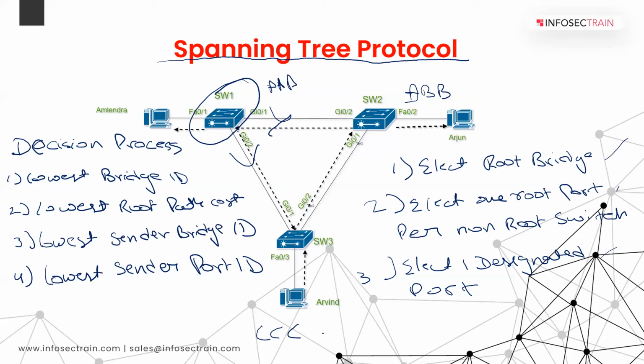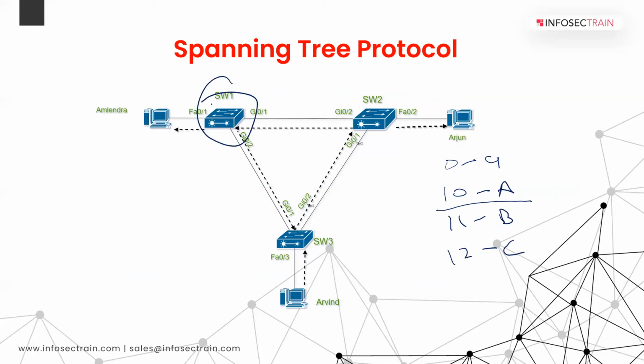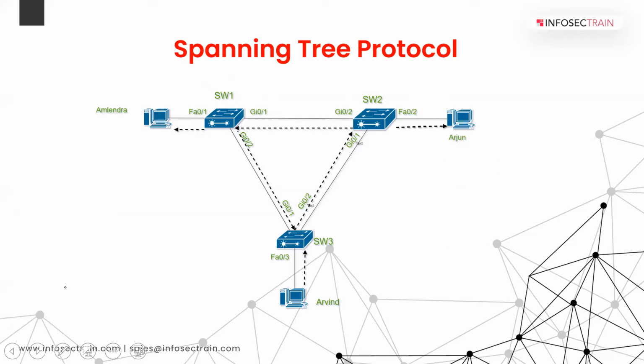So switch 1 has the lowest MAC address, which is AAAA. And how it is lowest: in hexadecimal form, 0 to 9 are the numbers, and 10 is called A, 11 is called B, and 12 is called C. So 10 is the lowest one. So that's why switch 1 is the root bridge, right?